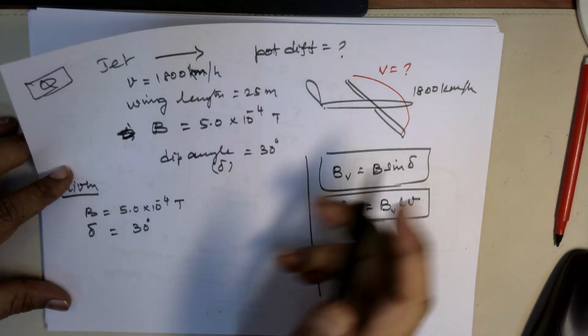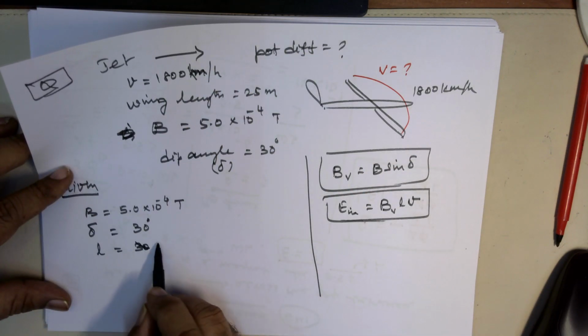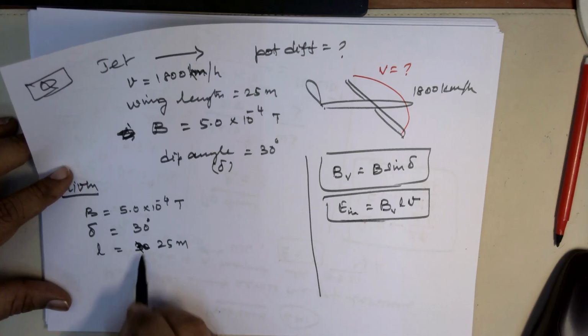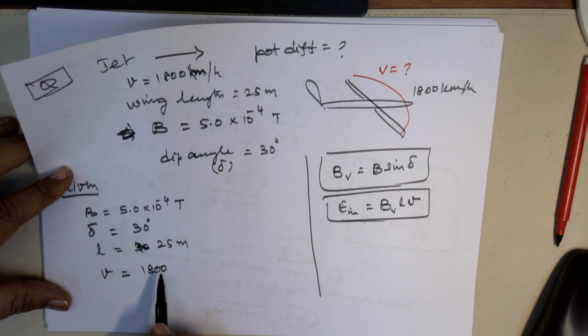The length of the wing is given: 25 meter. Then what is the velocity? The velocity is 1800 kilometer per hour.